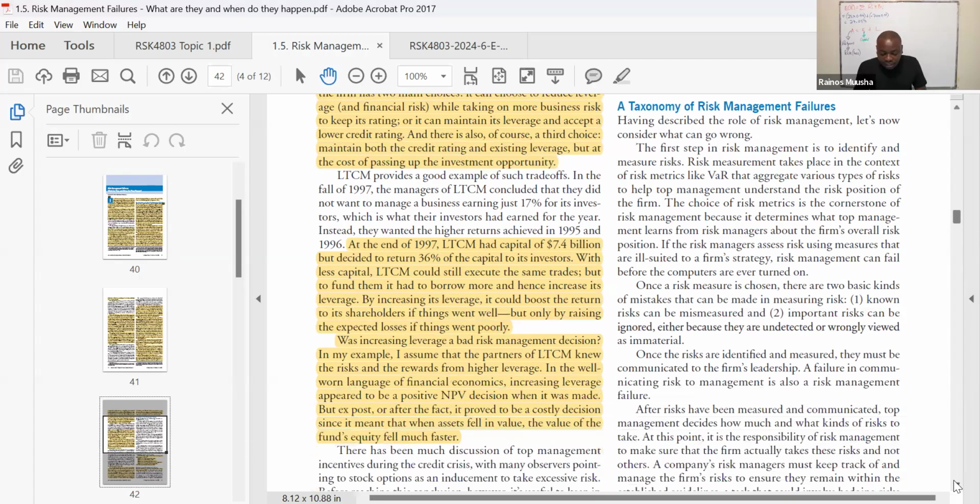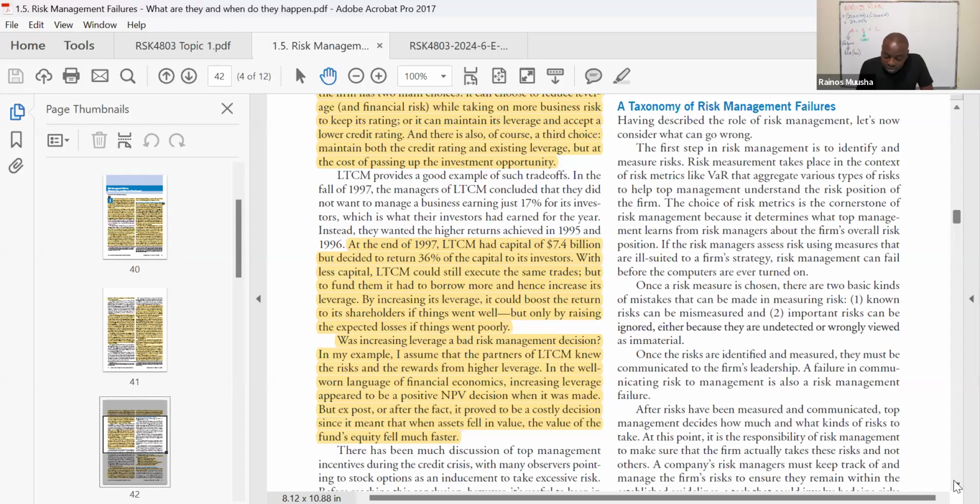So at the end of 1997, LTCM had capital of 9.4 billion, but decided to return 36% of the capital to its investors. With less capital, LTCM could still execute the same trades, but to fund them, it had to borrow more and hence increase its leverage.